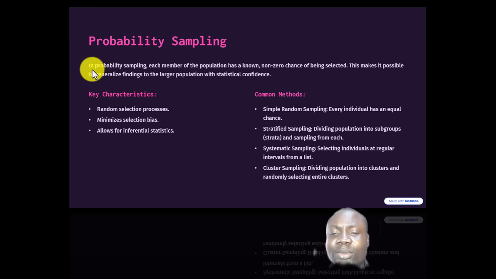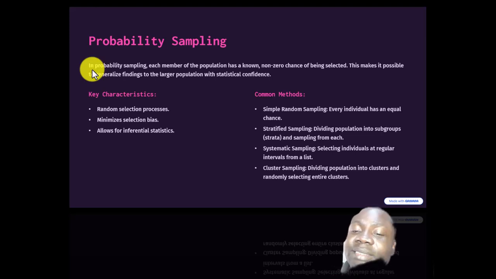The common methods which I would deal with are simple random sampling, and stratified sampling, which means dividing the population into groups, strata, and sampling from each stratum. The other one is systematic sampling, and the fourth one is cluster sampling.